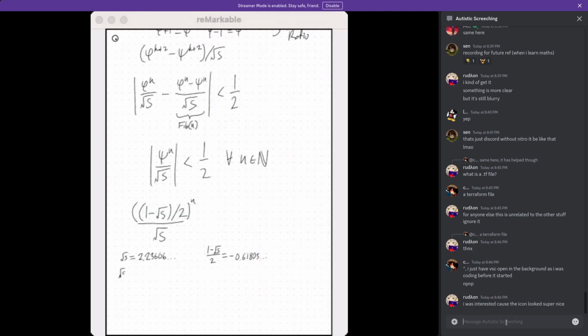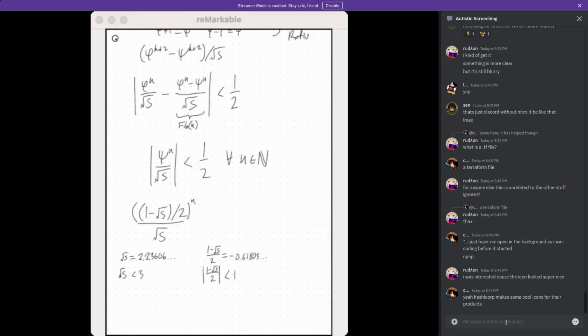So we know that radical 5 is less than 3. 1 minus 5 over 2 is, in absolute value, less than 1. Right. And we'll have some negative components, but we don't care because we're looking at the absolute value here.